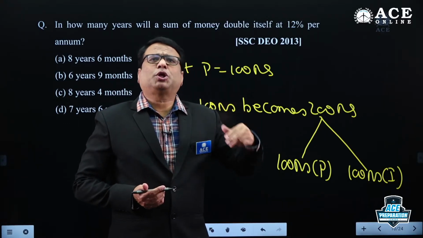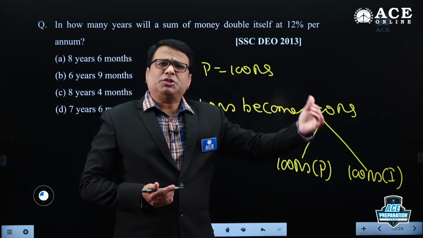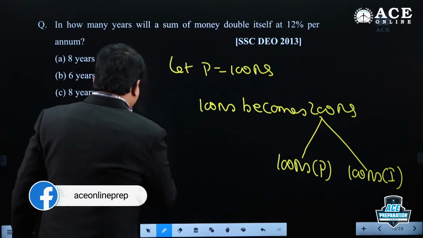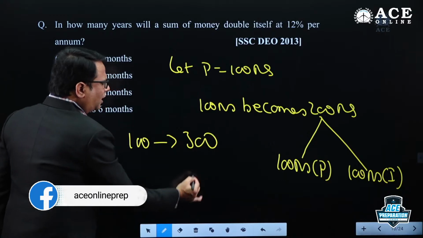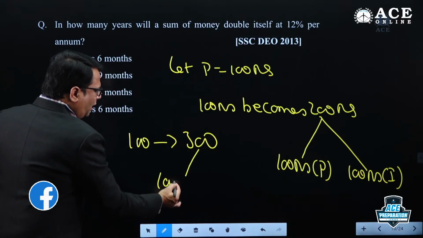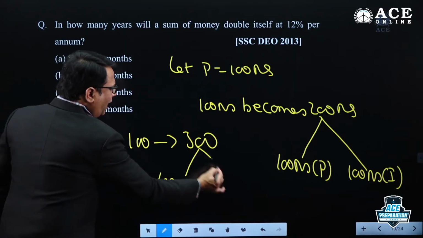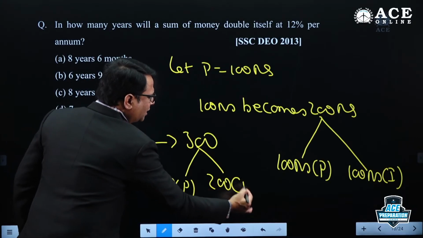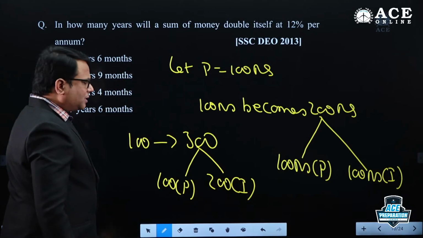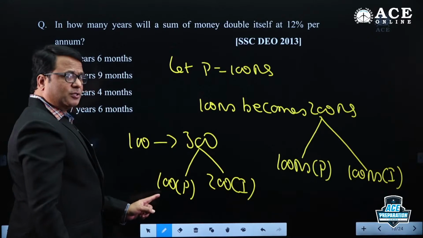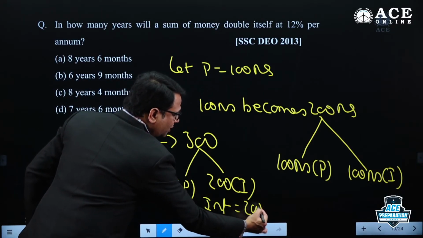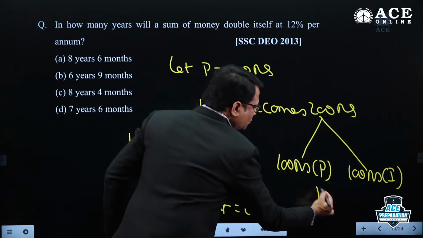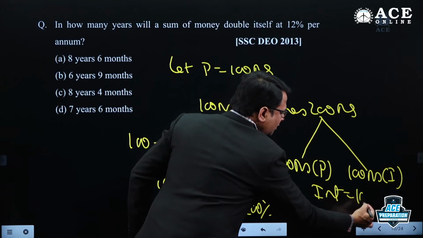Suppose the money gets tripled, then what happens? 100 becomes 300. Out of 300, 100 is the principal and the remaining 200 is interest. Now you can see interest is double the principal. Then I can say interest is 200%, and here, where interest equals principal, interest is 100%.